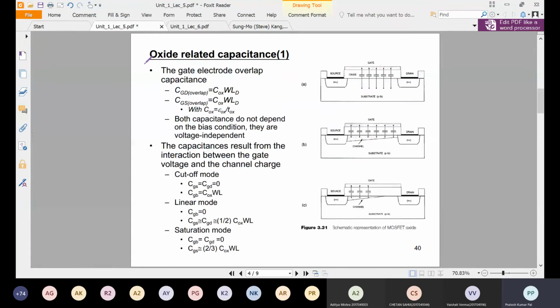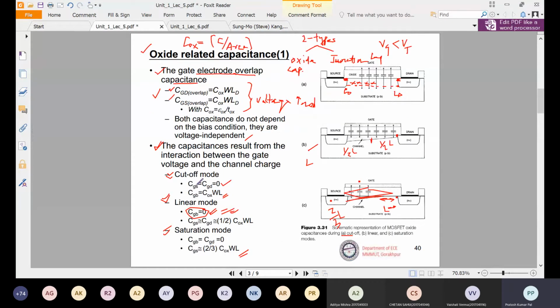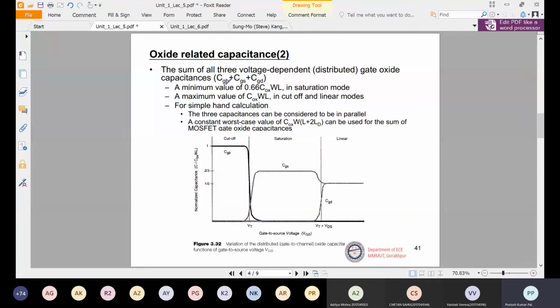One thing we can note is that CGS, CGD and CGB are the voltage dependent capacitances. So these oxide related capacitances are called voltage dependent capacitances.